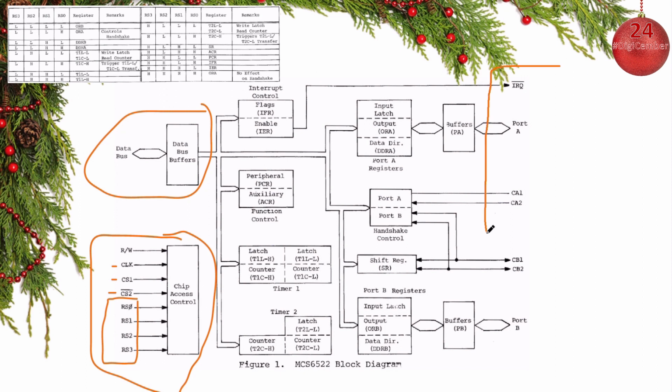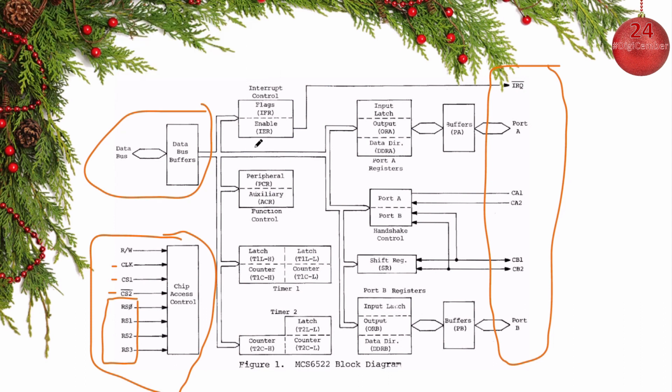This chip can also generate IRQs and act as a serial shift register, so it can do serial communication as well. This is all from the datasheet of the 6522 that is readily available on the internet.